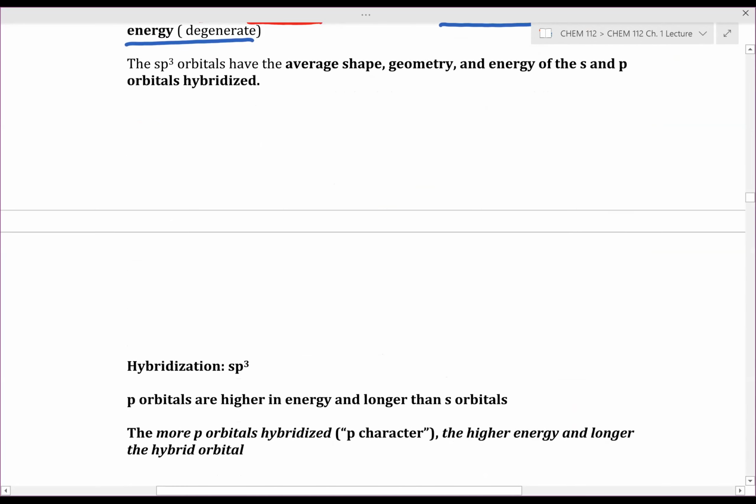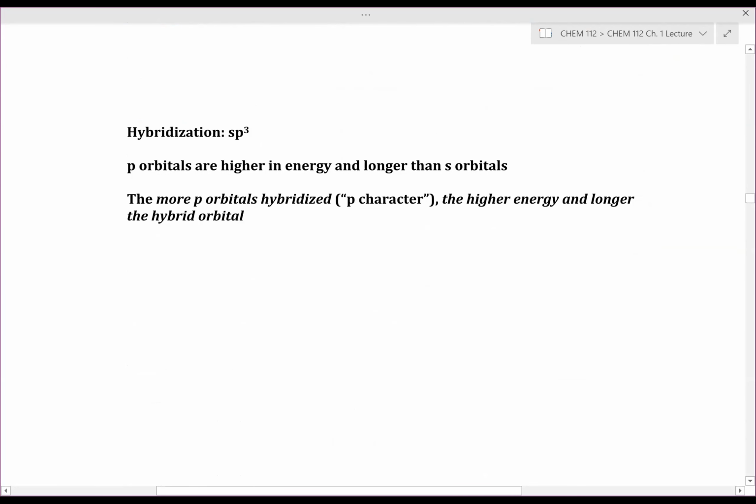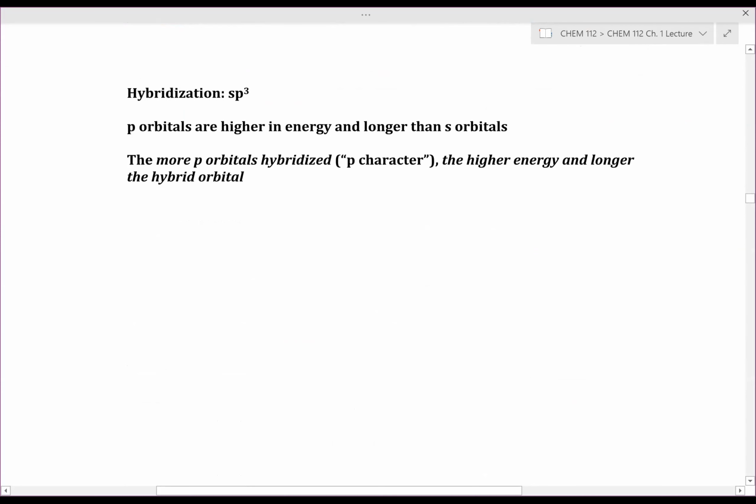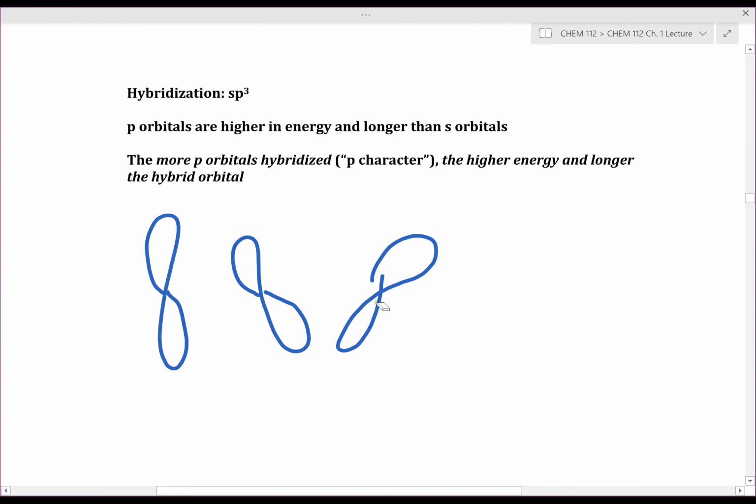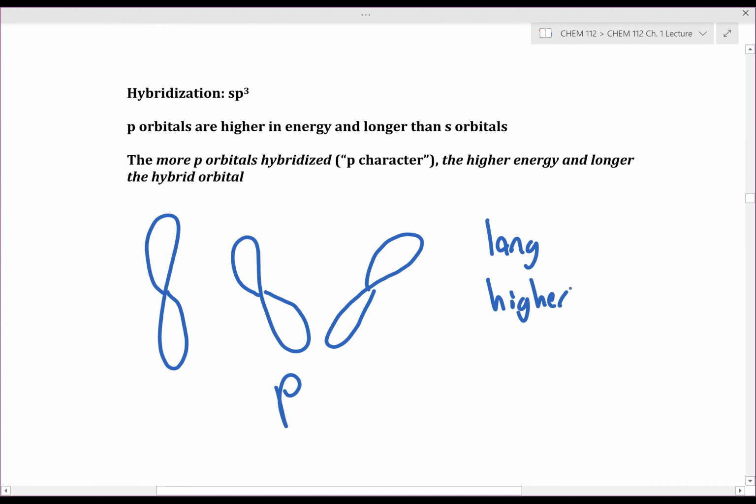Now, let's discuss the sp3 hybridization in a little more detail in terms of the shape of these individual orbitals. So when we look at these p orbitals, these are long and they're higher in energy.